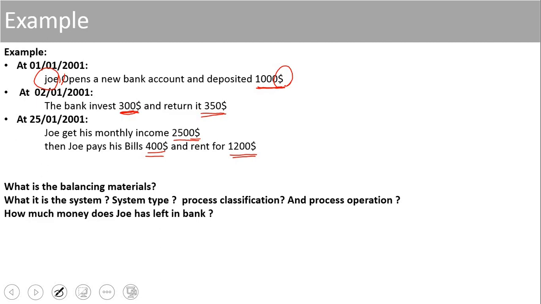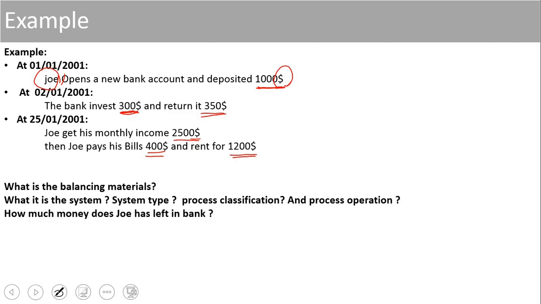What is the system type? It will be an open system, because money comes and leaves from Joe's bank account. What is the process classification? It will be a continuous process, because the money comes and leaves at a continuous rate.